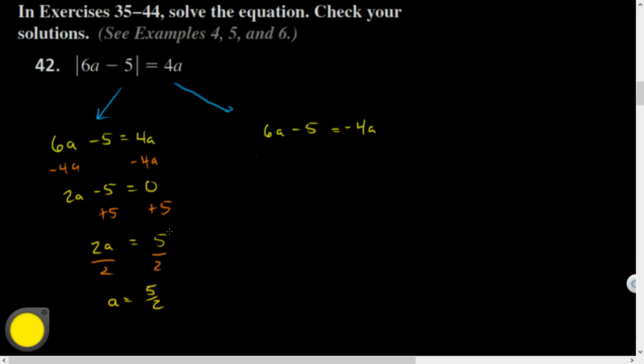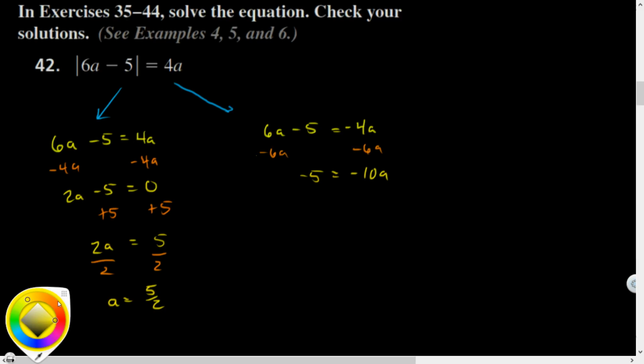Now, I don't know if that solution actually works for this problem yet, so hold your horses. Over here, let's move the 6 first this time, even though it'll give me some negatives, because there's a bunch of ways that you can make algebra work for you. As long as you obey the laws of math, you will all eventually get to the same solution. How would I get a by itself here? Divide.